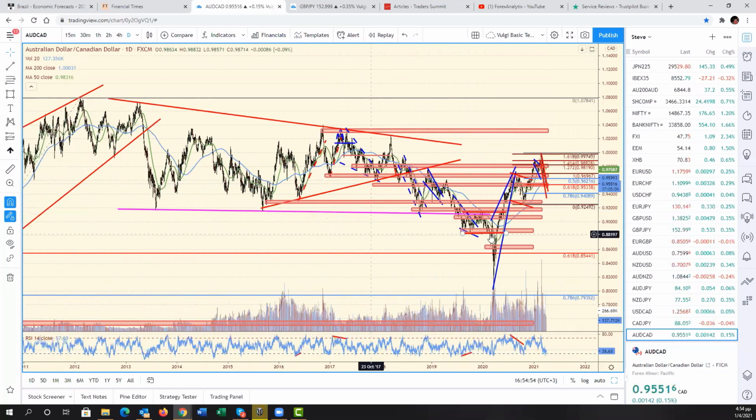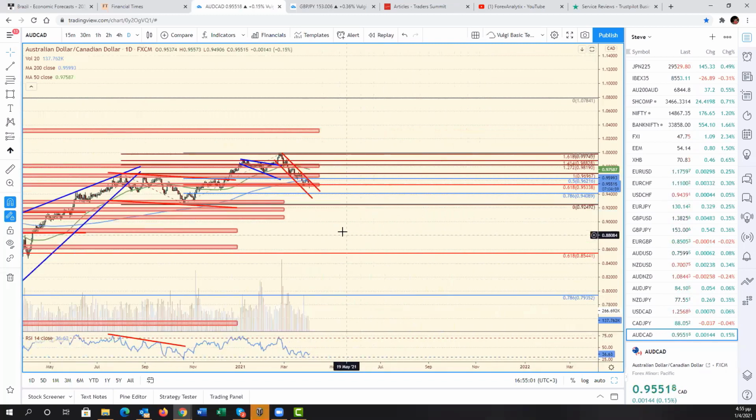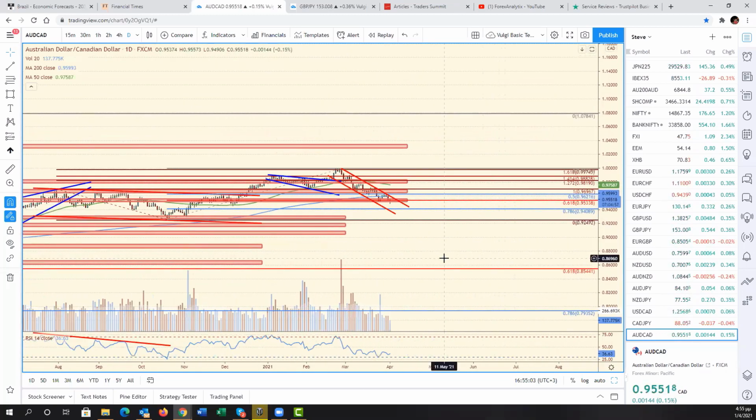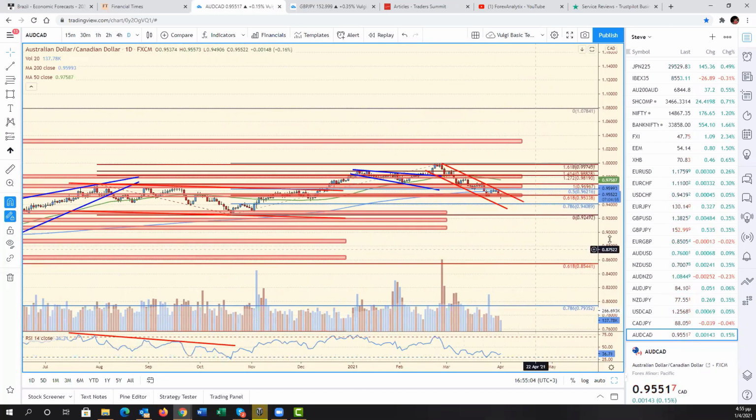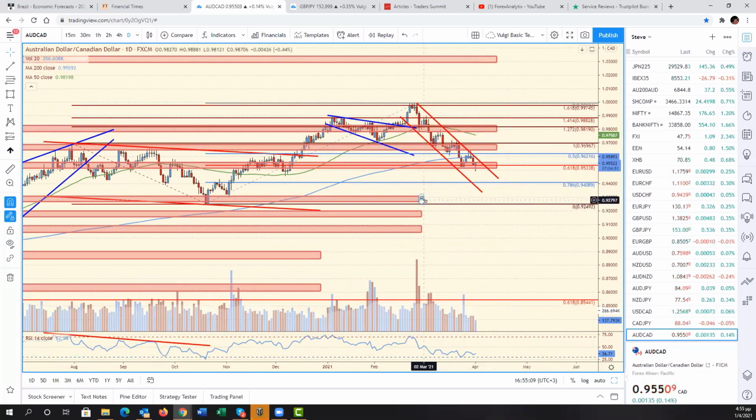Looking at this type of reversal, I would tend to favor the upside. I do think that probably the path of least resistance is higher. I'm just not seeing concrete evidence yet that we've bottomed out in this move.